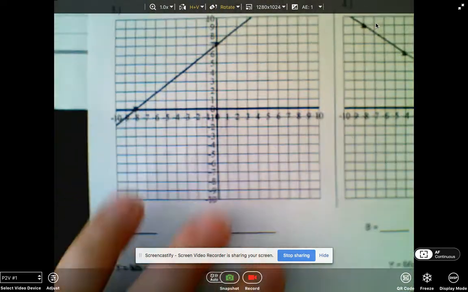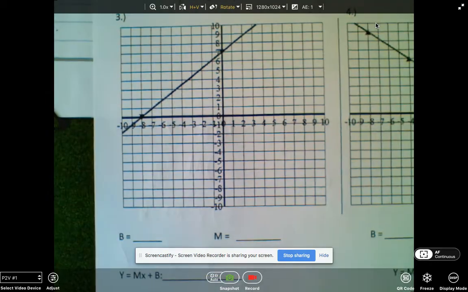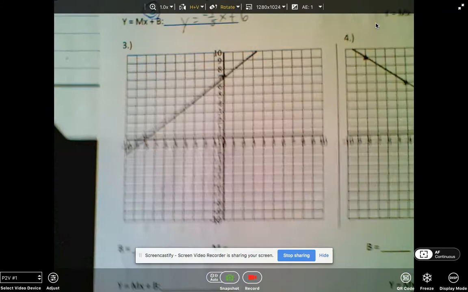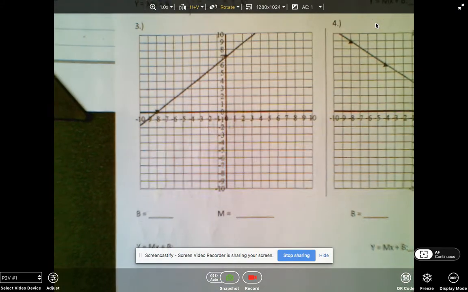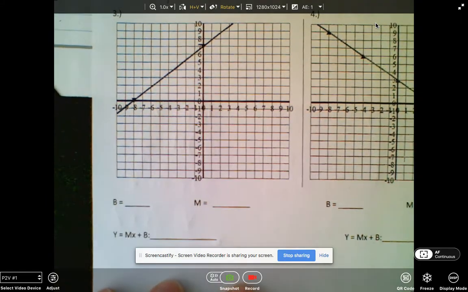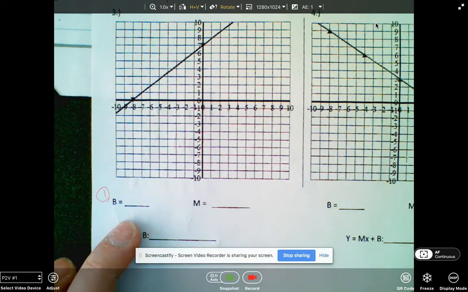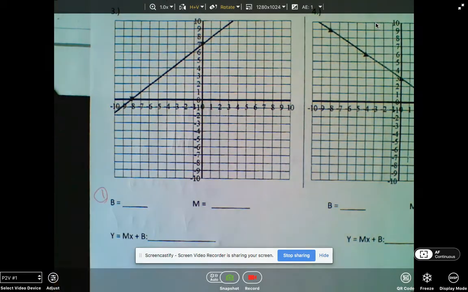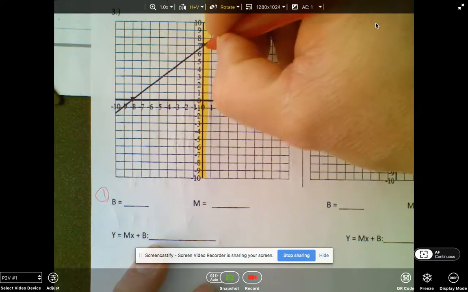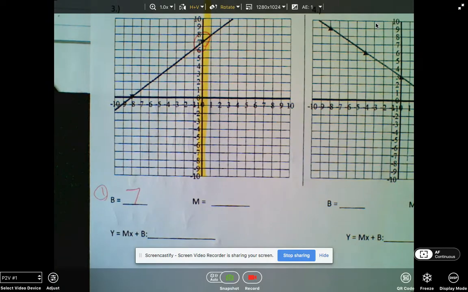All right, number 3. I'm going to pause the video for a second and give you a chance to try this one on your own, see how it works out, and then we'll do it together. If that worked out for you, let's go through the 1, 2, 3s of this. Step 1, can someone tell me what the b value was? All right, 7, just like we had on the other side. How about the slope? It definitely looks like a positive slope.